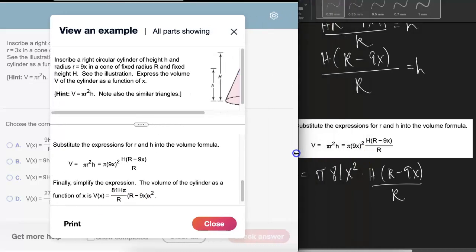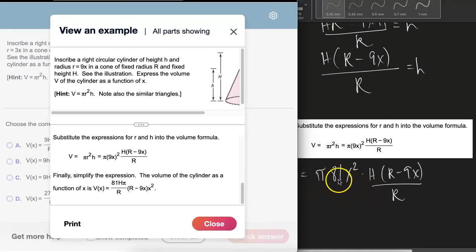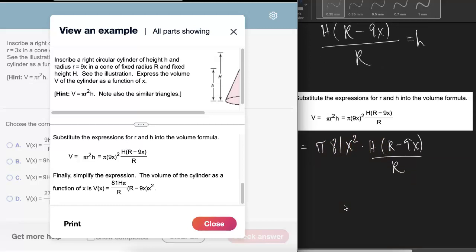I'm going to scrunch this down just a little bit so we can see how they compare. 81, capital H, and pi, and even, well, I could put the x squared there. I'm not exactly sure why they didn't put the x squared there, other than the x squared is a variable. But taking out all of these terms that are constants, we can put them in the front. You see that's what happens here. And then the next term contains an x, that's the variable x, right?